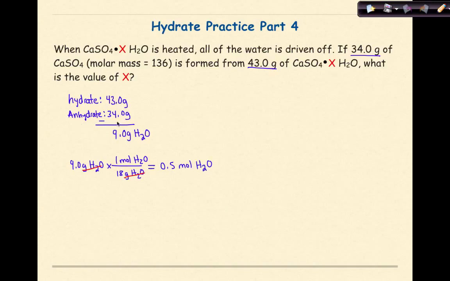The next thing that I want to do is to record the 34 grams of anhydrous salt, which in this case is CaSO4. Now in the problem, they tell me that the molar mass of CaSO4 is 136 grams.